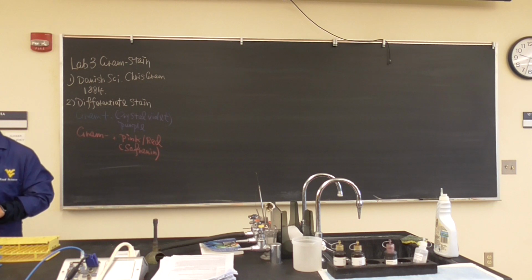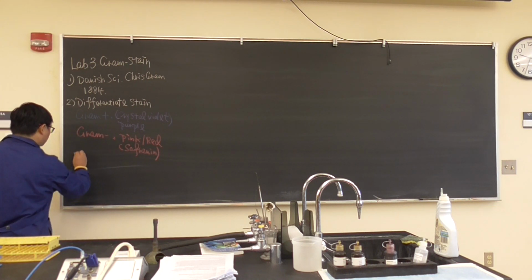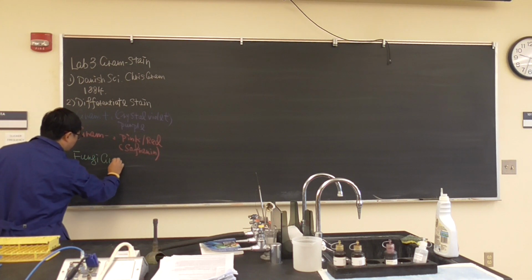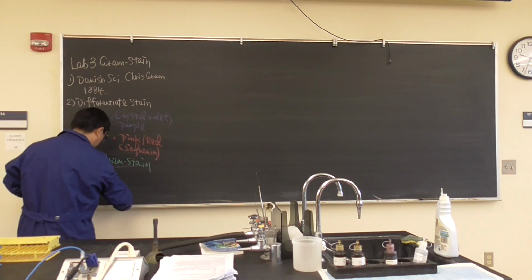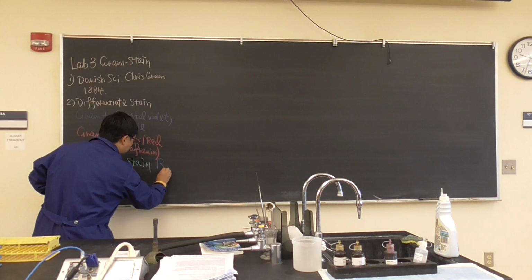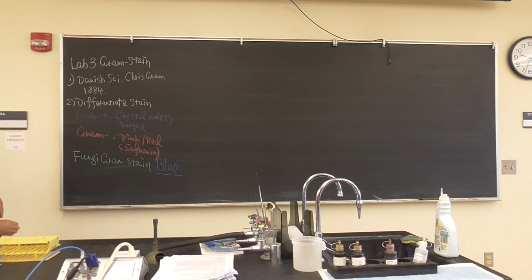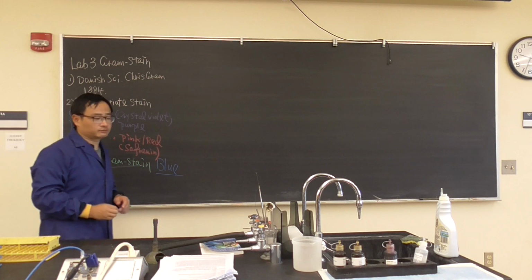Now for fungi, we just make sure it's easy. For fungi, everything we call gram stain blue. Okay? So we're not going to do the fungi here. We're going to focus on the bacteria. So we talk about gram positive and gram negative.